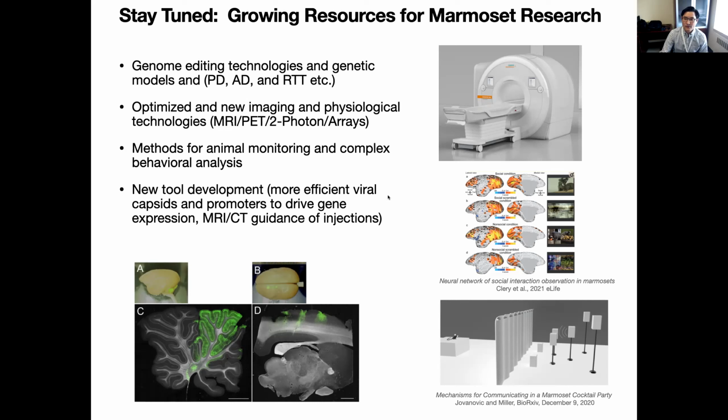And new capsids are currently being developed globally that will work in marmoset brain to target certain cell types, but also create more widespread transduction across the whole marmoset brain. And this is something very similar to what Sébastien was talking about, as well as development of new technologies, for example, MRI and CT guidance of injections to increase precision and efficiency of the experimentation that's going on.